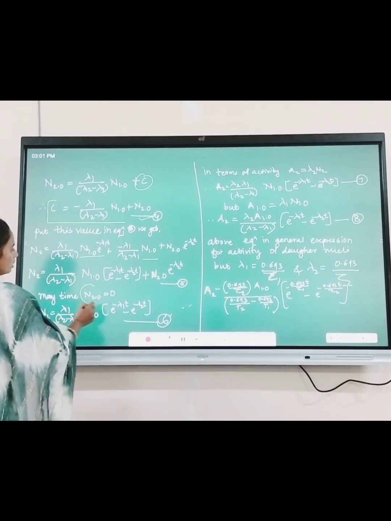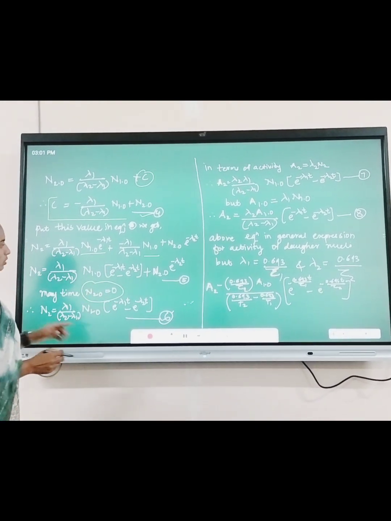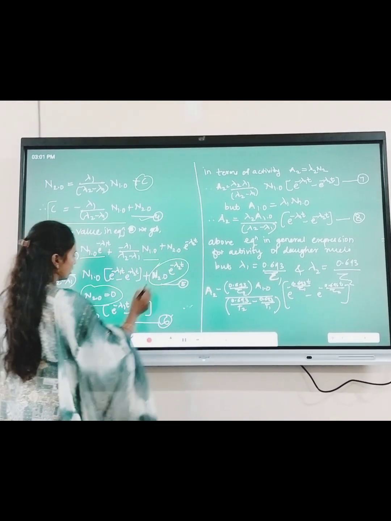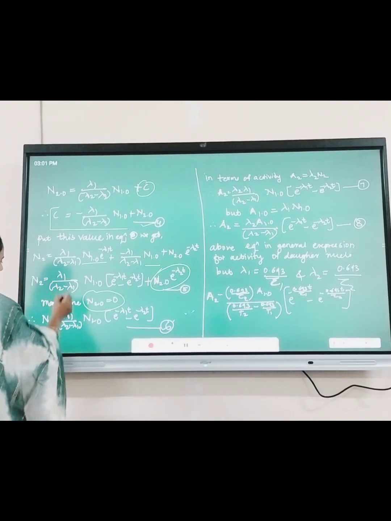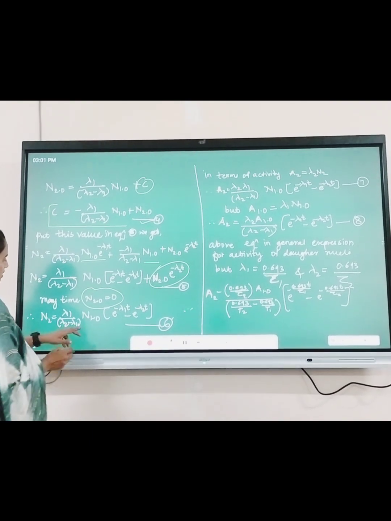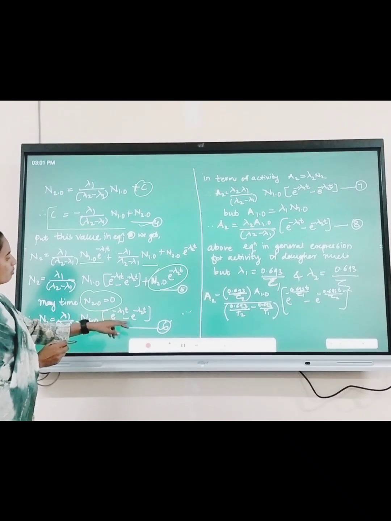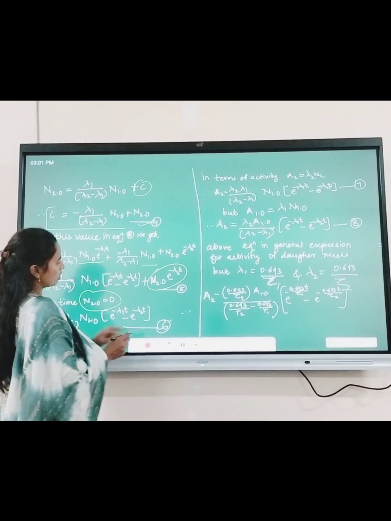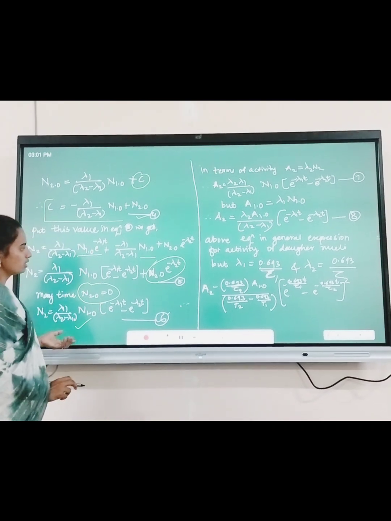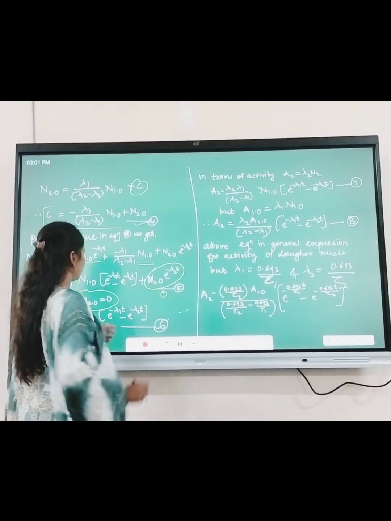Many times n2.0 is equal to 0, then this term is 0. Then we only have n2 is equal to lambda 1 divided by lambda 2 minus lambda 1 into n1.0 into e raised to the power minus lambda 1 t minus e raised to minus lambda 2 t. This is equation number 6 because this term is 0.